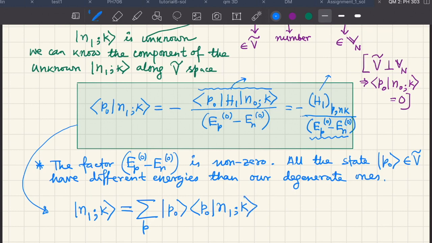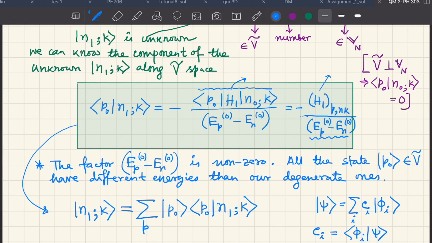So this you can explain by just recalling that if I give you a vector psi and if you write it in the eigenbasis phi_i with the coefficient c_i with the summation over i, you can immediately figure out what are its coefficients c_i. The c_i coefficients are basically nothing but ⟨phi_i|psi⟩.